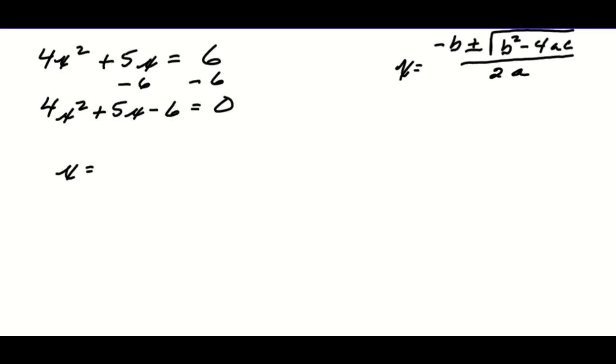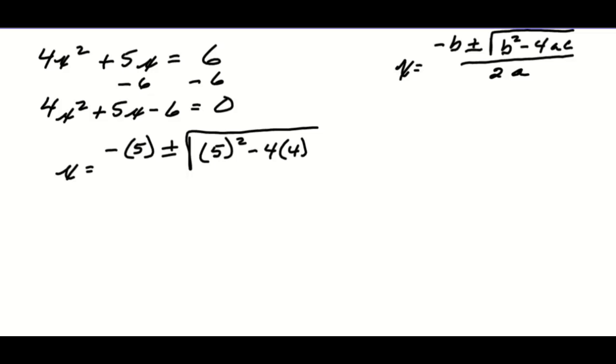x equals minus, and this time it's just a 5, plus or minus the square root of 5 squared minus 4 times a, which is 4, times c, which is -6, all over 2 times 4.